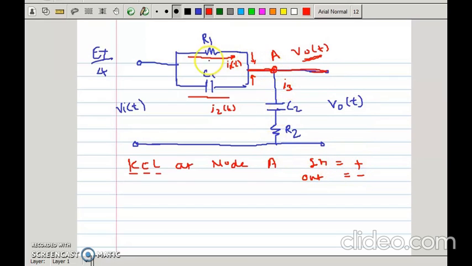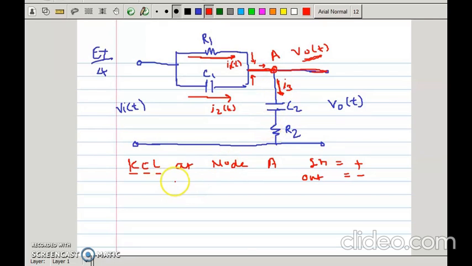For node A, I1 and I2 are incoming currents, and I3 is the outgoing current. I1 is from branch R1, I2 is from branch C1, both combine here and come towards node A, and I3 is the outgoing current that flows through C2 and R2.